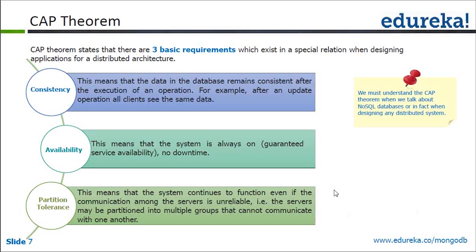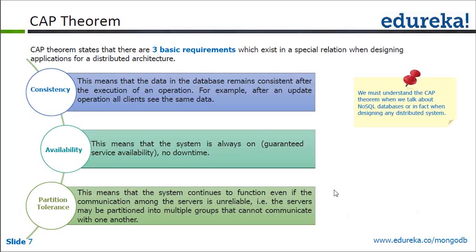Before going to discuss MongoDB, I'll try to introduce you to one quick theorem called the CAP theorem. As far as distributed architecture is concerned, the moment you want to design a distributed architecture, the CAP theorem comes into the picture. It talks about consistency, availability, and partition tolerance.